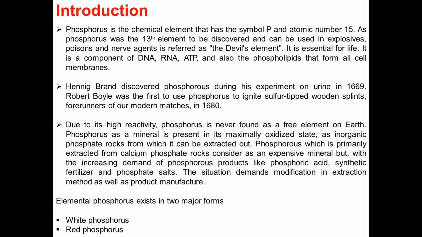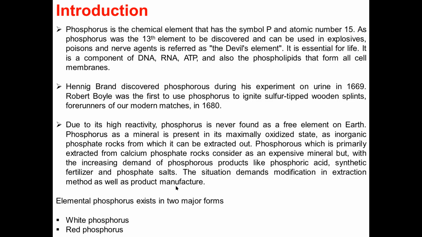Phosphorus, which is primarily extracted from calcium phosphate rocks, is considered an expensive mineral, but with the increasing demand for phosphorus products like phosphoric acid, synthetic fertilizer, and phosphate salts, the situation demands modification in the extraction method as well as product manufacture. So there are two elemental forms of phosphorus, white and red.